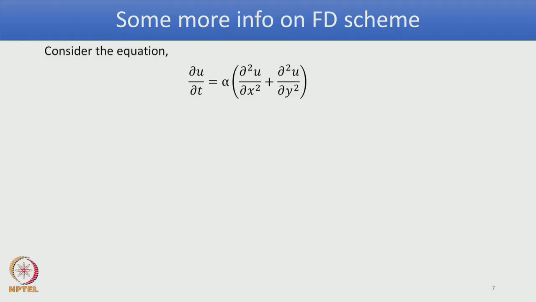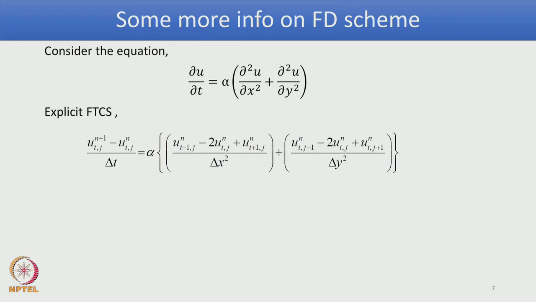Next, we take the 2-dimensional equation and try to get information about these quantities. Again, we take explicit, forward in time and central in space. So, you write down the equation. Now, the index for subscript, we have used i for the x direction, now use i and j for x and y direction correspondingly.